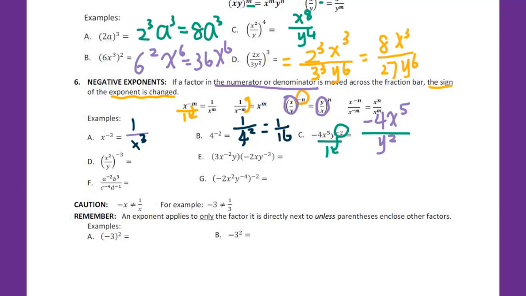For d, basically this is a negative exponent, so I need to flip the base, y over x squared, then you change it into the third power. Then do the normal power rule. You got y to the third power and x to the sixth power.